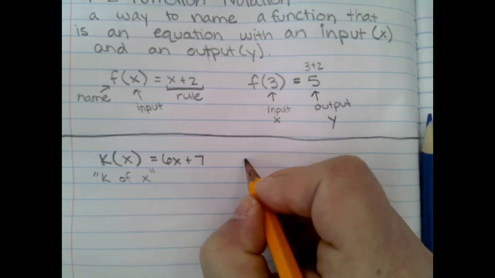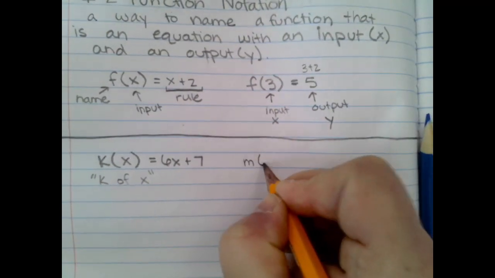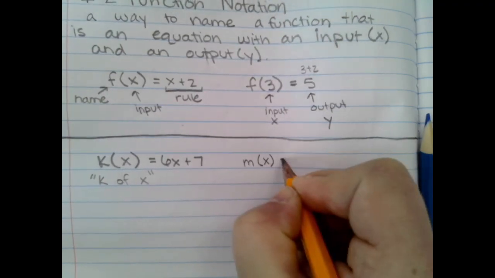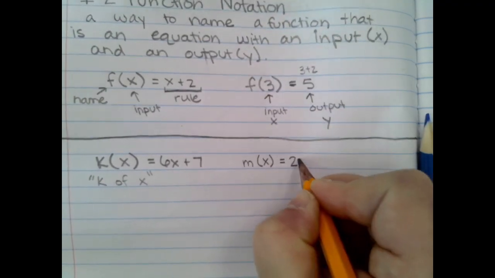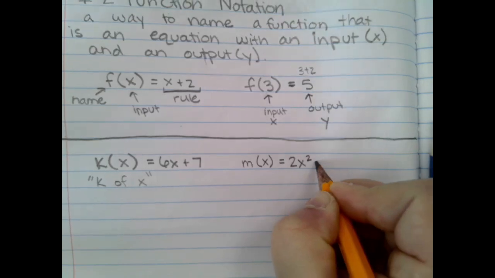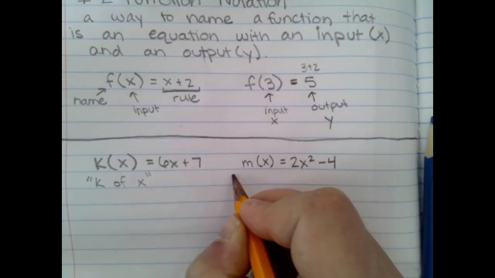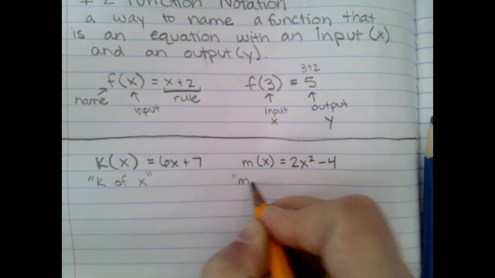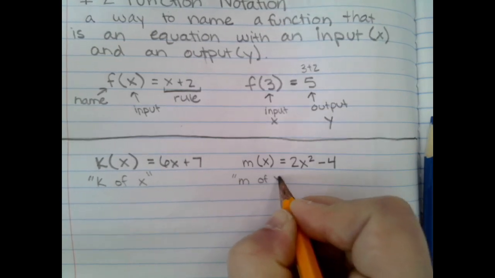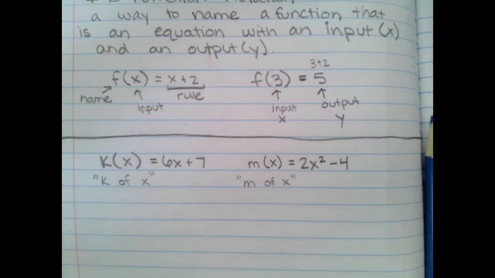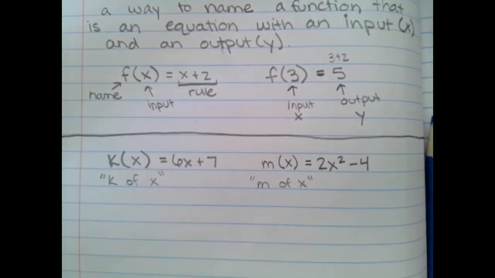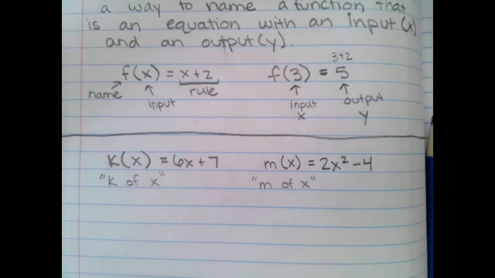And we have m of x equals 2x squared minus 4. So again, to say that, we say m of x. If we put a number in there, like we put a 2, it'd be m of 2, k of 5.